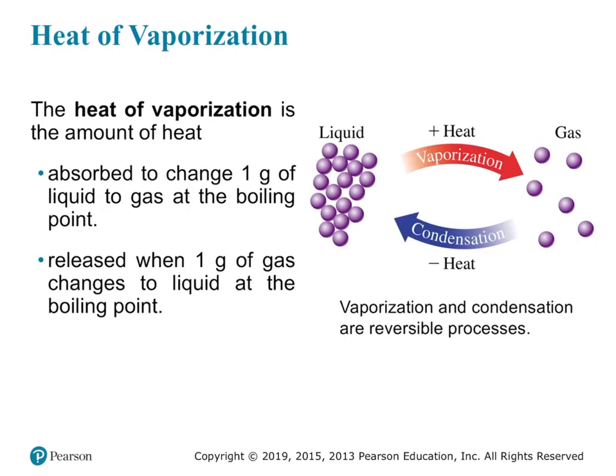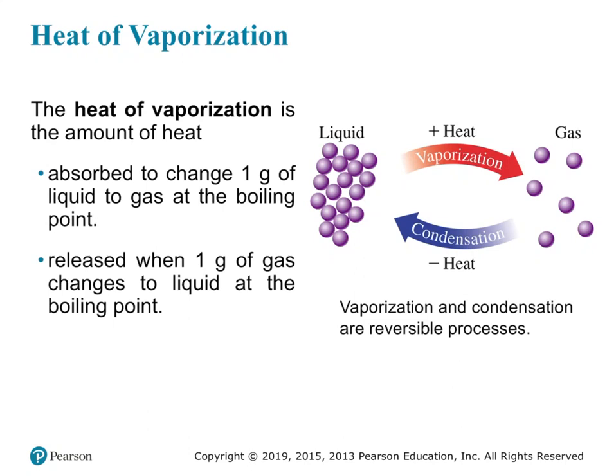So that brings us to another value called the heat of vaporization. Remember when we were talking about melting and freezing, there was a certain amount of energy needed in order to melt a solid. And here, as we're going from liquid to gas, so either vaporization or condensation, there's a certain amount of heat needed to vaporize a liquid.